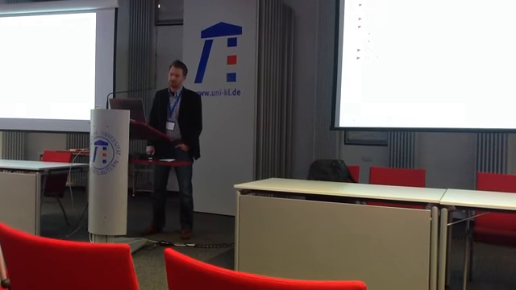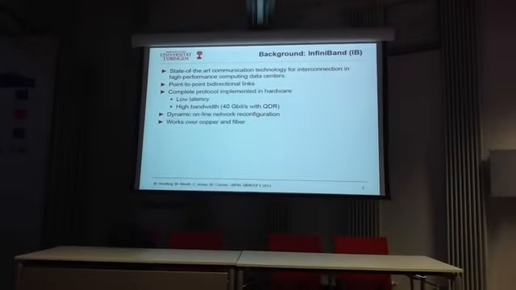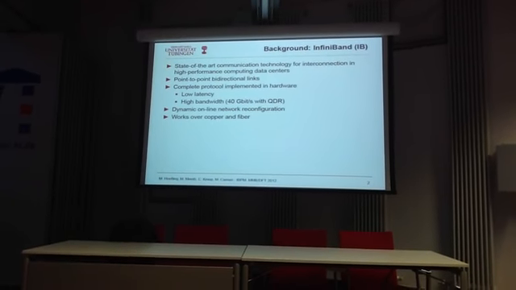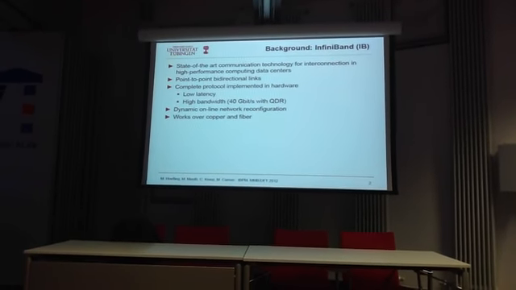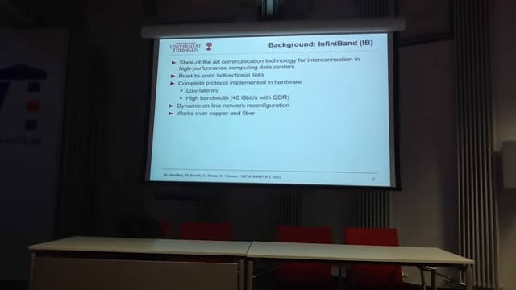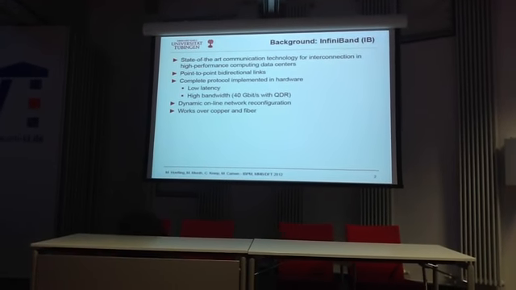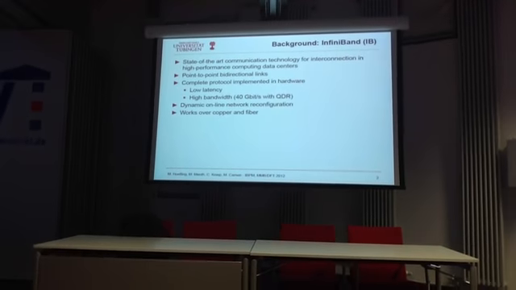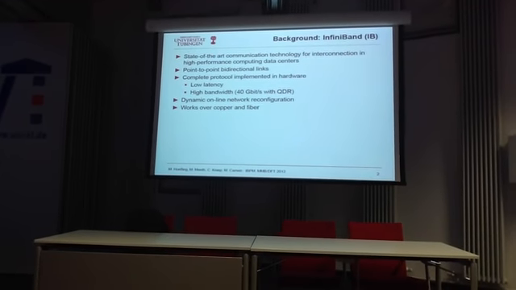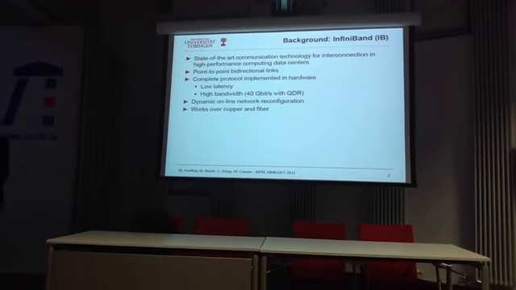That's why it's very low latency, in the nanoseconds, and gives high bandwidth. The actual standard is QDR, 40 gigabits per second, and the next one, which will be deployed this year, is FDR, 56 gigabits per second.